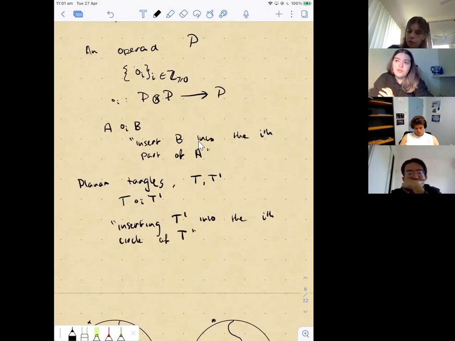For this to work, the number of points on the boundary of the ith circle of T has to equal the number of points on the outer disk of T prime. So you can connect up the points on the boundary of one circle to the points on the boundary of another circle. But other than that, you just shrink down T prime and insert it into this ith circle.